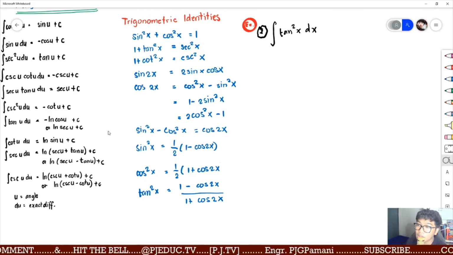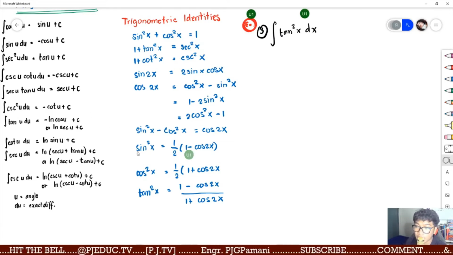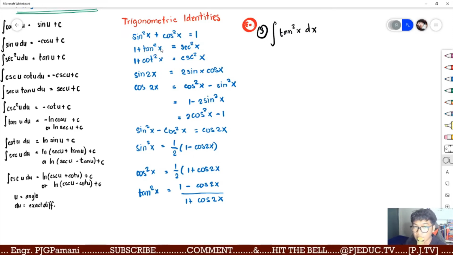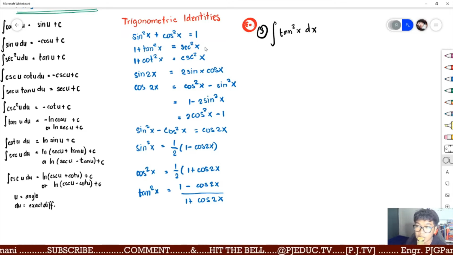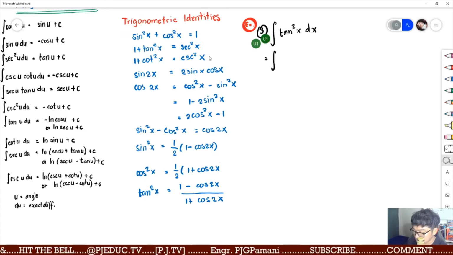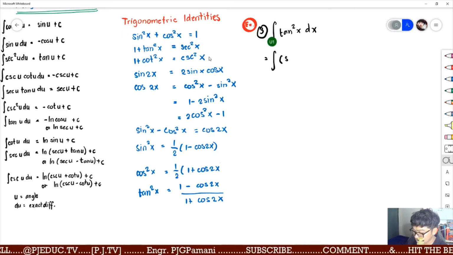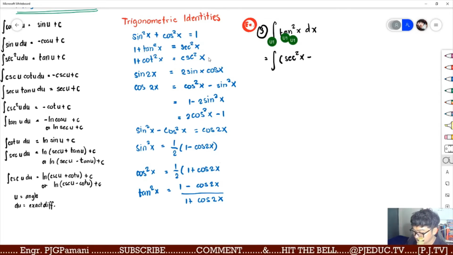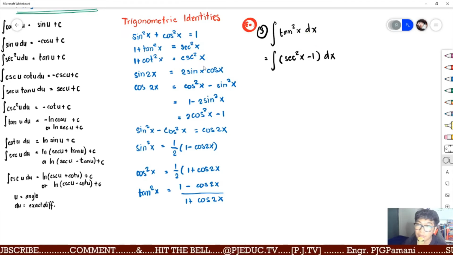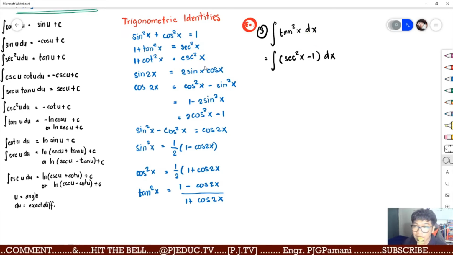But based on our identities, we have 1 plus tangent squared x equal to secant squared x, which is also the same as secant squared x minus 1.